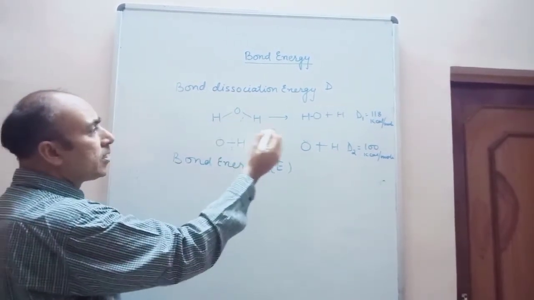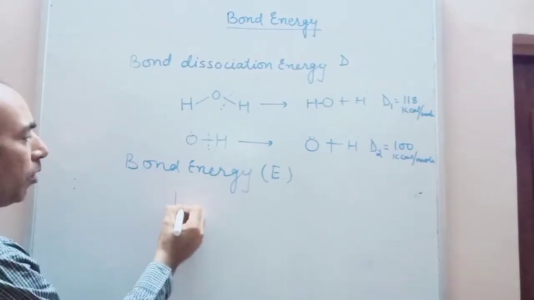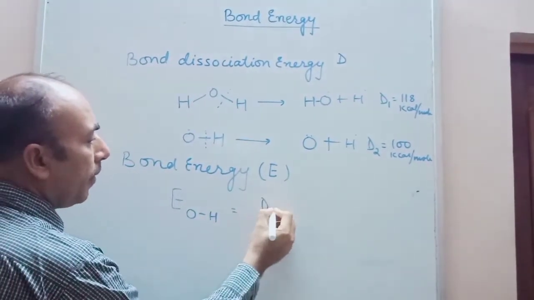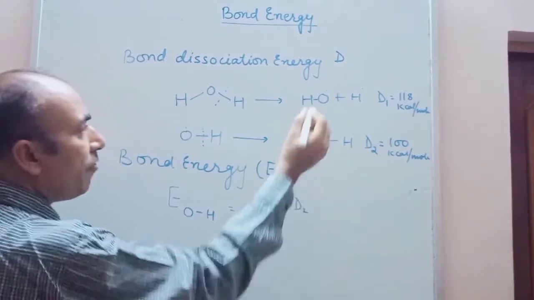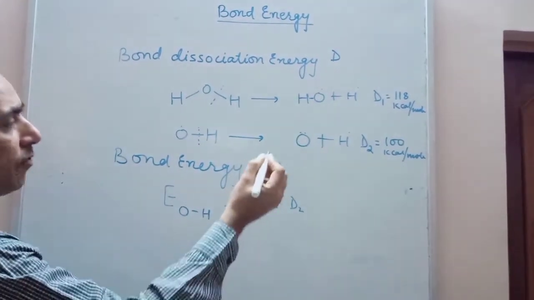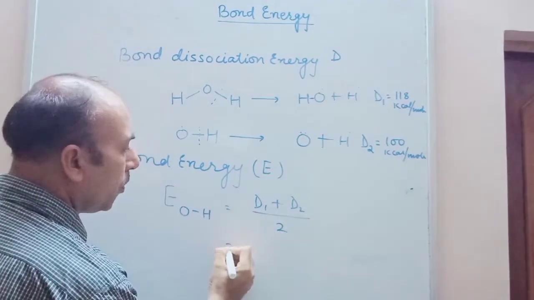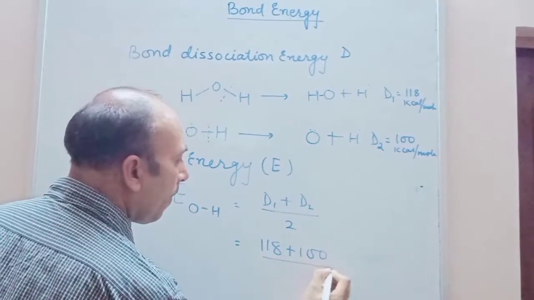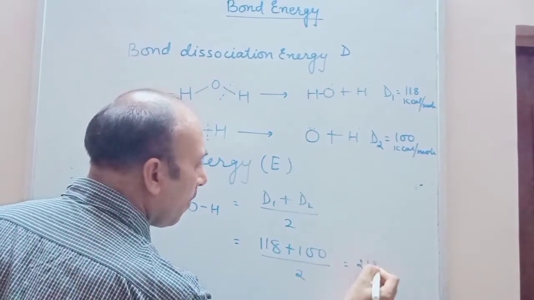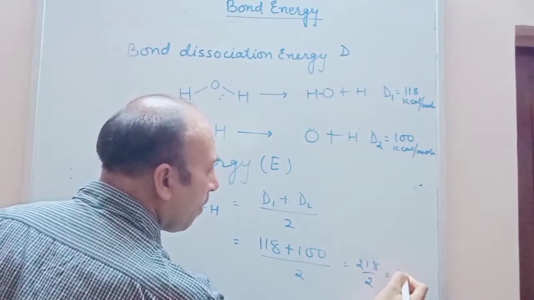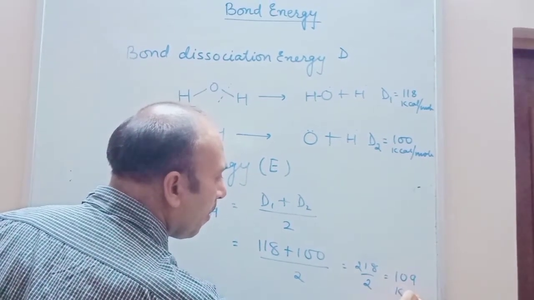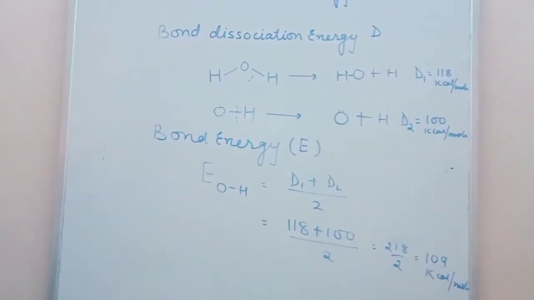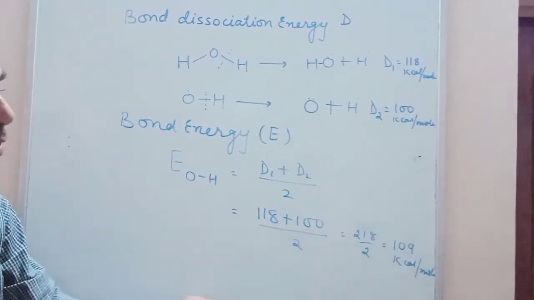For example, what is the bond energy of the OH bond? It is the average of these two dissociation energies, (D1 + D2)/2. The OH bond energy comes out to be 109 kilocalorie per mole.